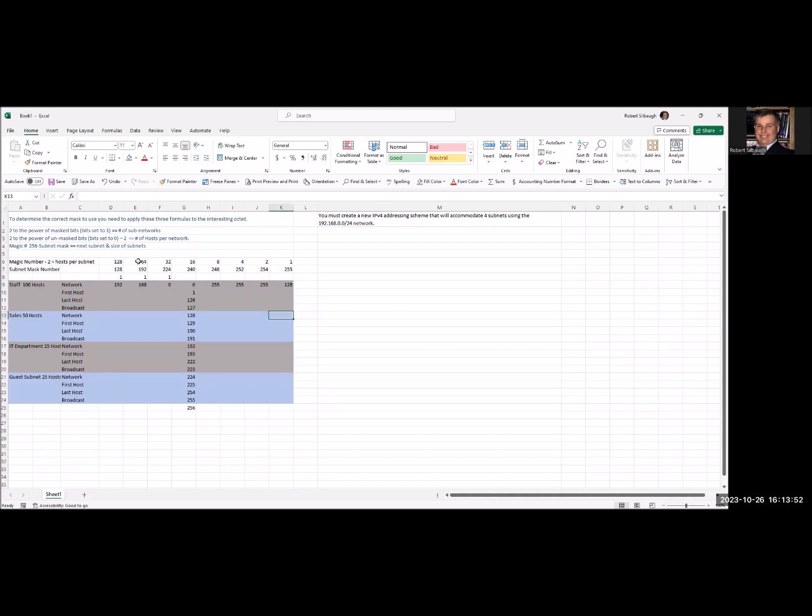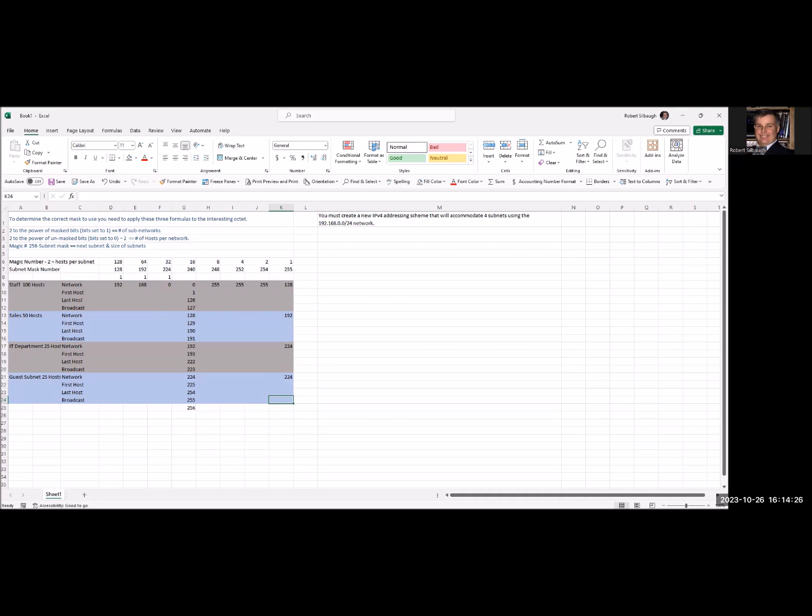We started with a 0, now we have to change it to a 192, which makes it match this network that's the size of 64. And the same thing here. We went to a 32 size network. To make the router or the computer understand that, we have to put in the subnet mask of 224. And the same thing would be used on the guest network when that finally gets implemented.